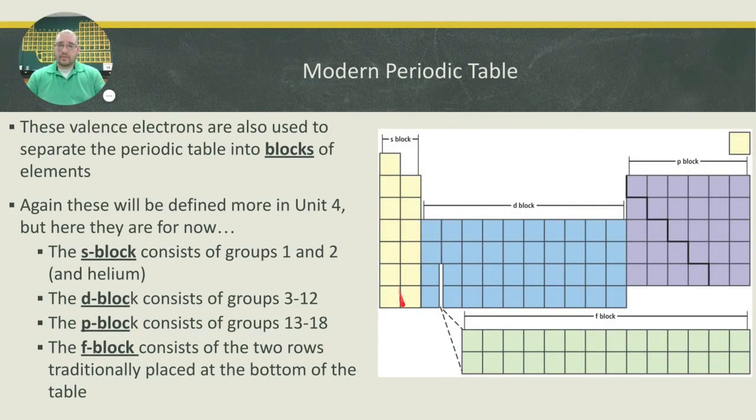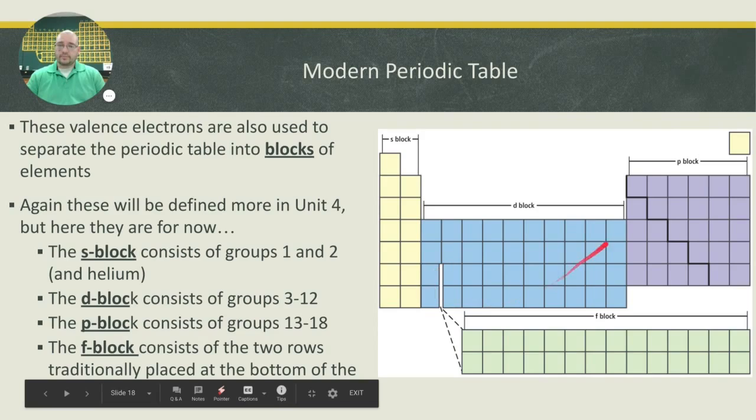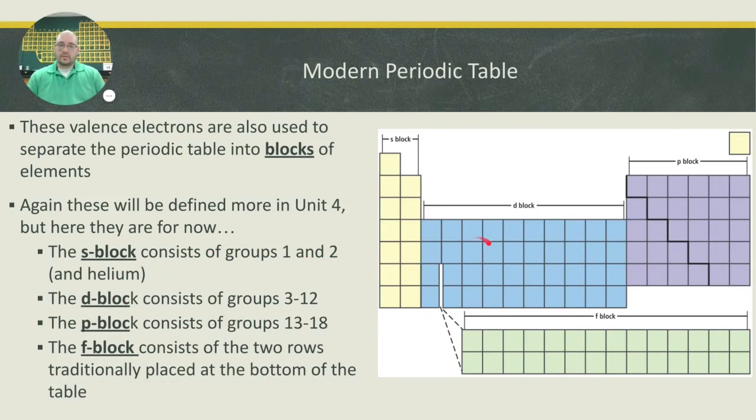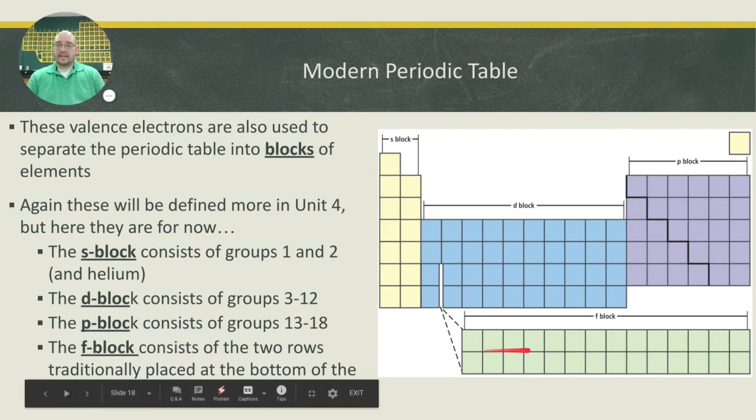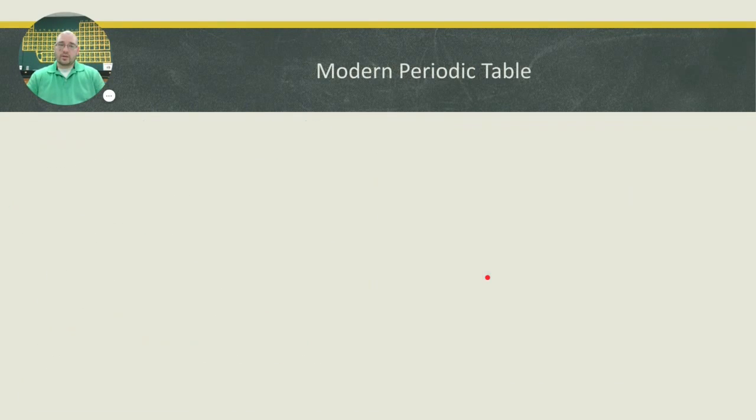So again, we have our S block, and helium belongs over here, right? We have our D block, and the D block is groups 3 through 12. The P block, so the P block includes all the nonmetals and metalloids. All right, and then the F block are these guys down here. So S, P, D, and F are the blocks of the periodic table. S, P, D, and F.